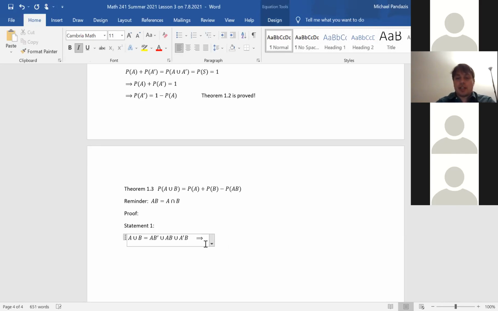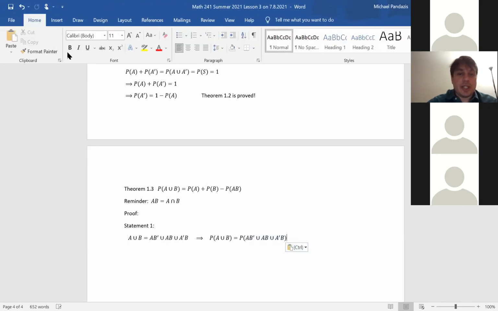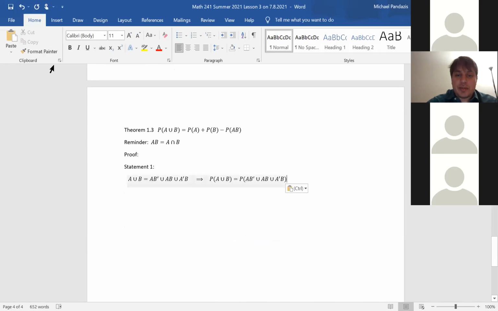And so what that implies is that the probability of A union B is equal to the probability of that set right here. I'll explain why. Okay, so I'm doing it out of order, which is the best order to explain it.